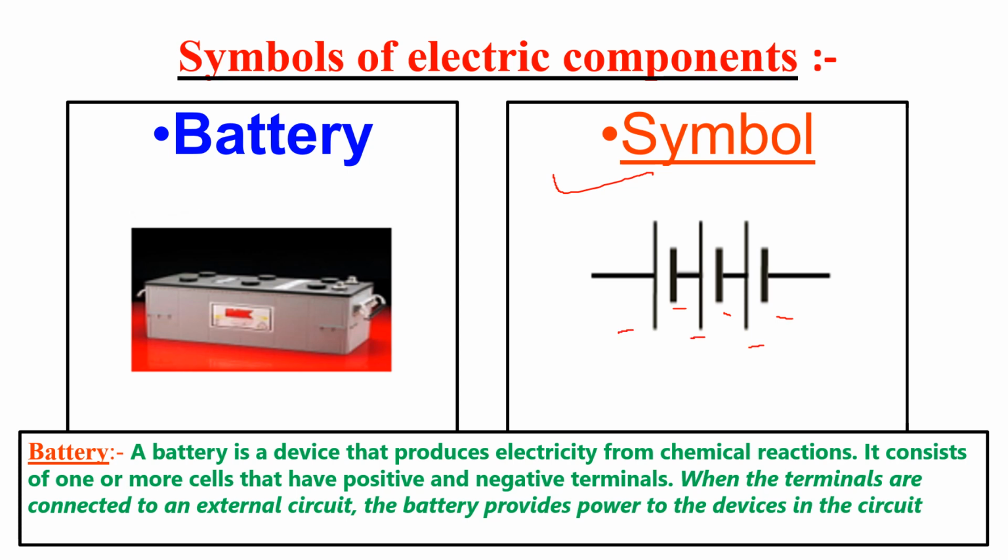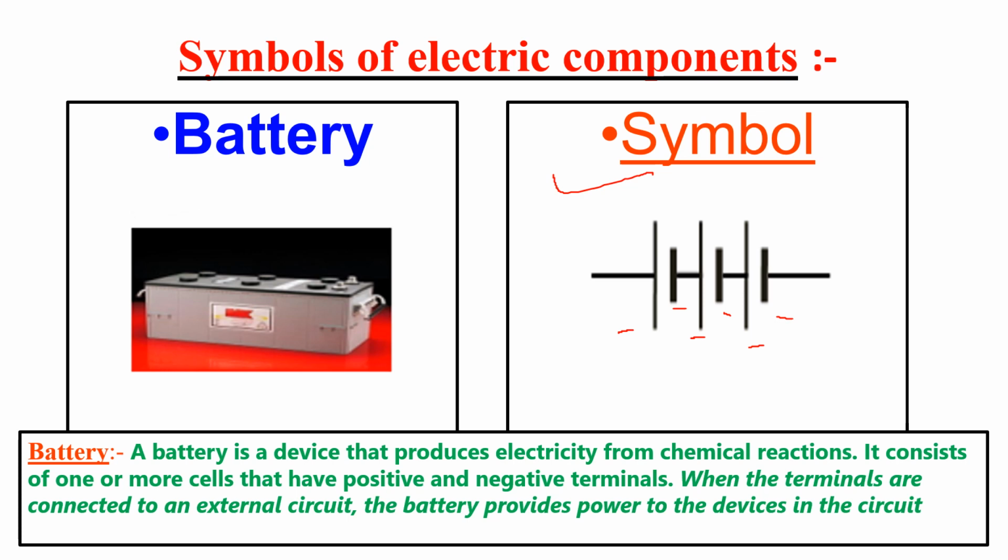A battery is a device that produces electricity from chemical reactions. It consists of one or more cells that have positive and negative terminals. When the terminals are connected to an external circuit, the battery provides power to the device in the circuit.